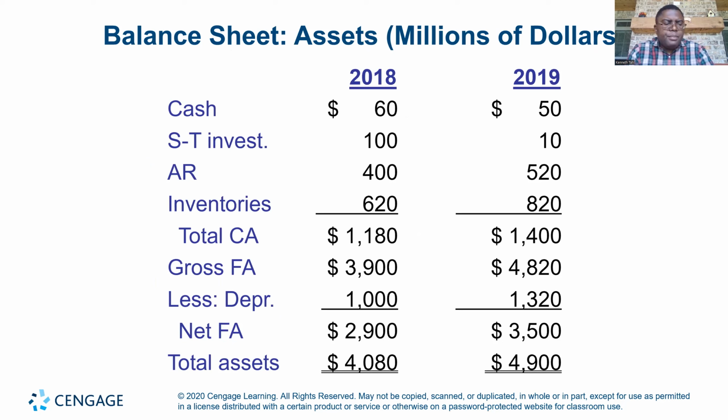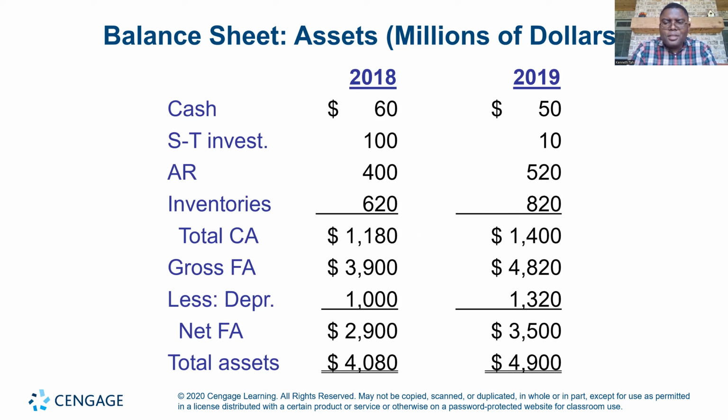All right, the next statement we want to brace ourselves with is the balance sheet. So again, companies will have the income statement, the balance sheet, and the statement of cash flow. So the balance sheet is a snapshot of a company's financial position on the last day of each year.